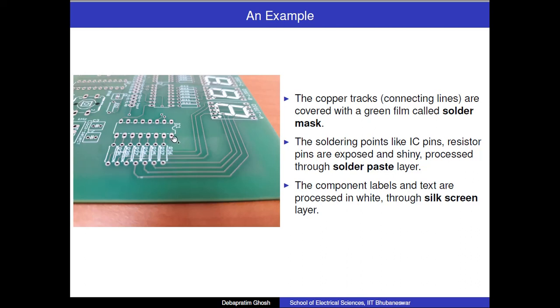So over here you can see it's a different color. Those coppers are exposed and they are finished with HAL. Also you can see a number of text is printed, IC1, R36, R37, like that. So this is an example of the silk screen layer where the text is printed.